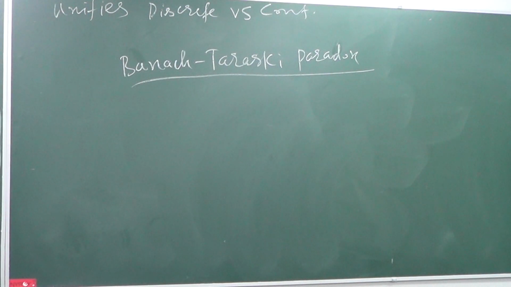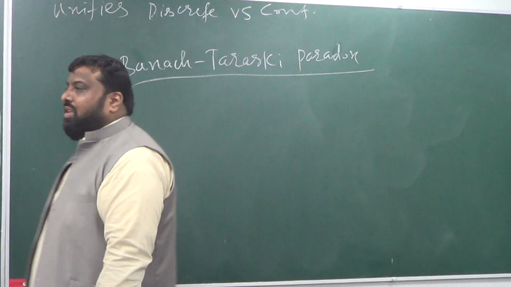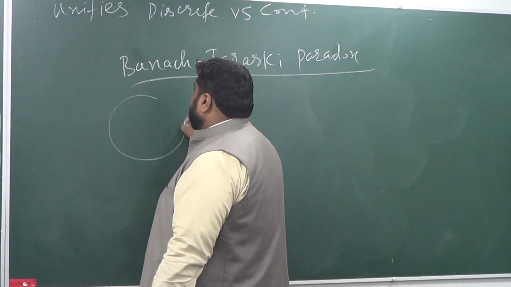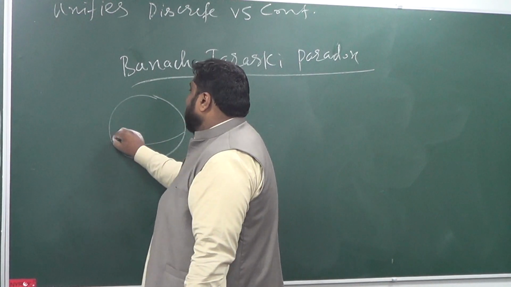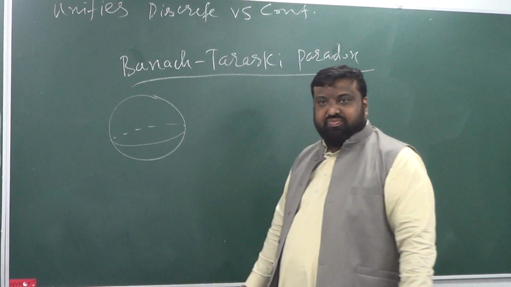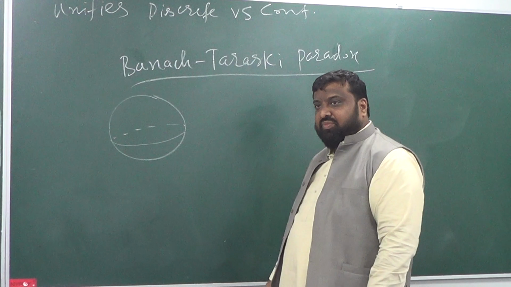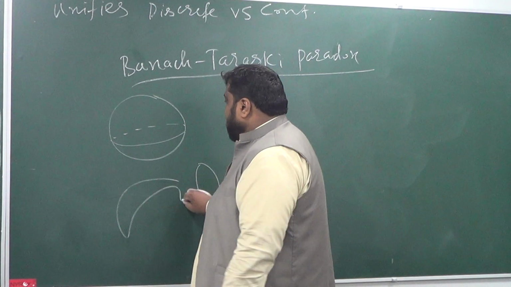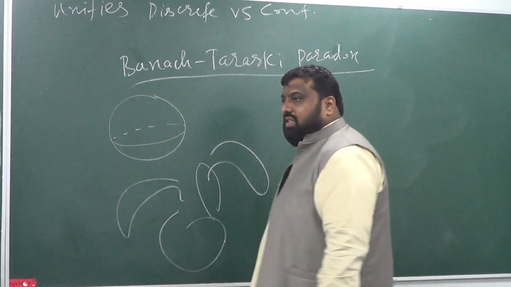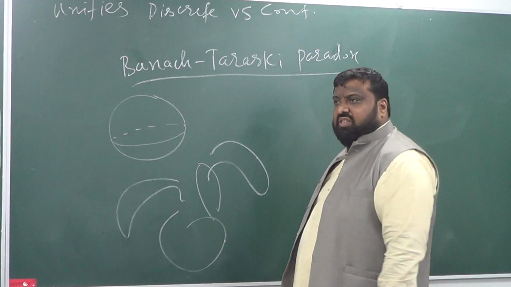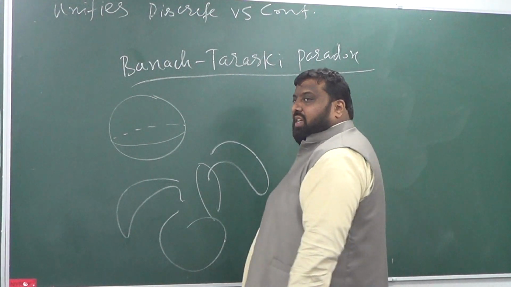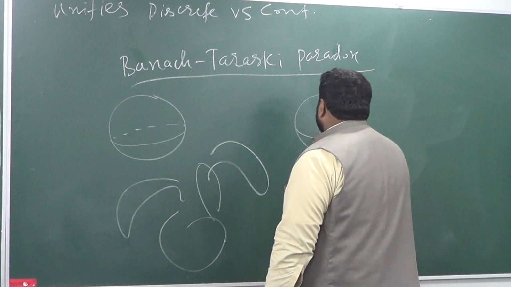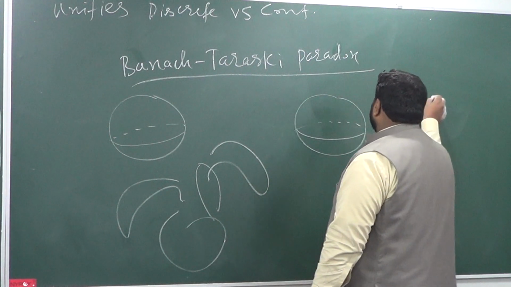So the Banach Tarski Paradox says, or a version of it says, that if you have a sphere with some volume, then I can split it into some pieces, 4, 5, 7, in such a way that if I reassemble these 7 pieces, I'll get the exact 2 copies of the same sphere.